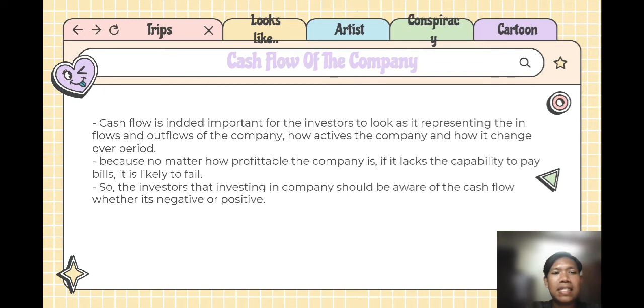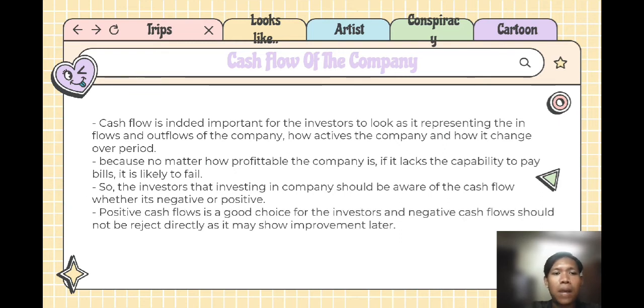So an investor should be aware of the cash flow, whether it is a negative or positive value. Positive cash flow is a wise choice for investors. But we have to remember that negative cash flow doesn't mean you have to reject it directly, as it may show improvement later. So that's all from me, thank you.